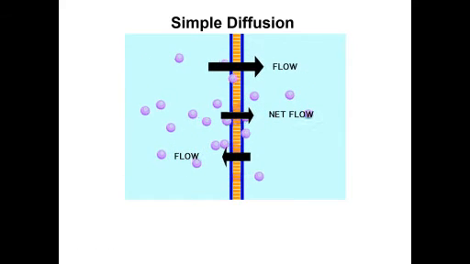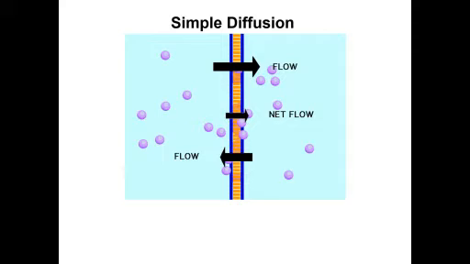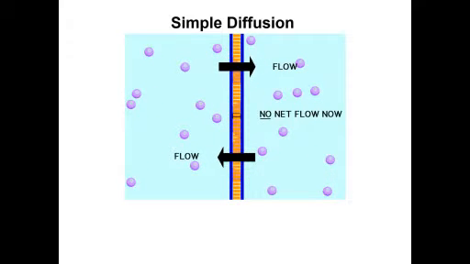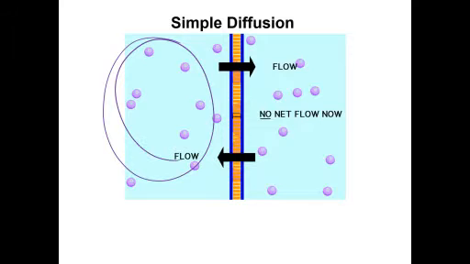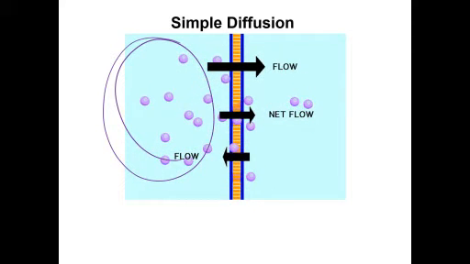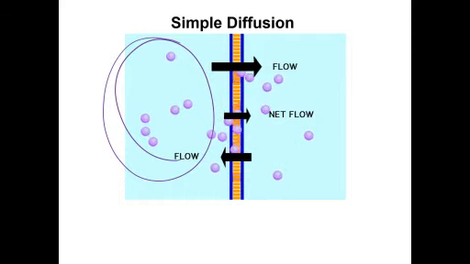Alright, so here in this little animation, you're being shown the process of simple diffusion. Initially you had the movement of these little purple spheres that were over here, and they're moving to the right, where they're least concentrated.